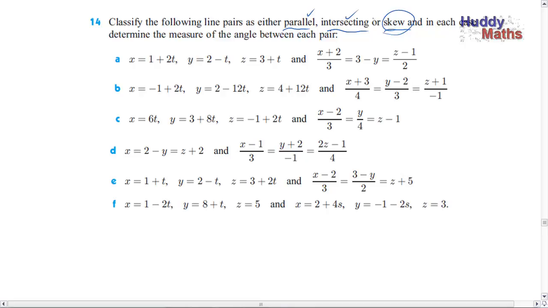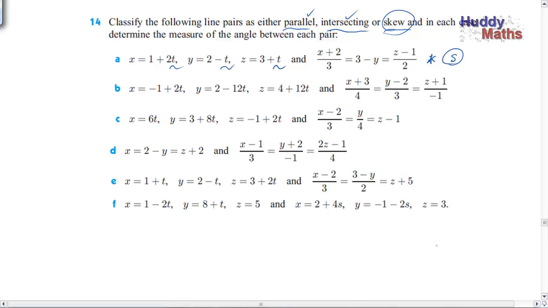If they're not parallel, and you can't find a consistent parameter for intersecting, then they must be skew. Just remember, if you introduce a parameter here for the second line, you must use S, don't repeat T. So just keep that in mind for all of them.